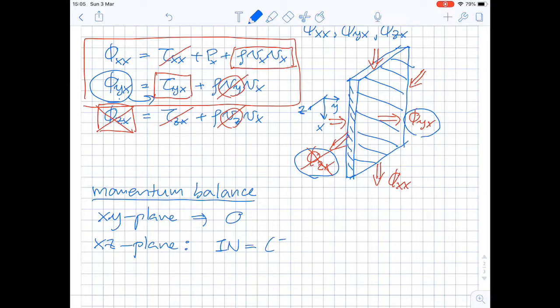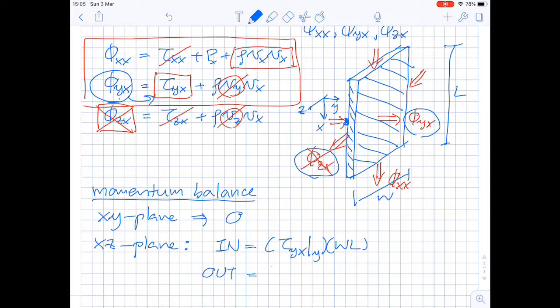So the in term is tau yx going in at y, multiplied by the area perpendicular to the flux, and the highlighted area is W times L. This is W, and the length here is L. So the highlighted area is WL.